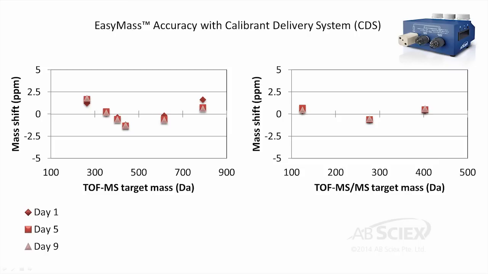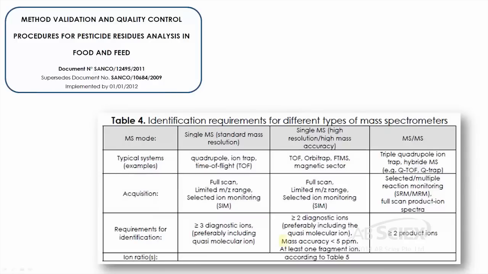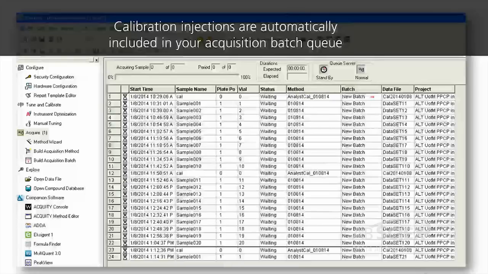Our observed mass accuracies are well below the 5 ppm acceptable limit identified in the SANCO guidelines for method validation and QC procedures for food and feed screening methods. The beauty is that the process is totally automated, so even with long runs, you can trust that you will get good quality data.